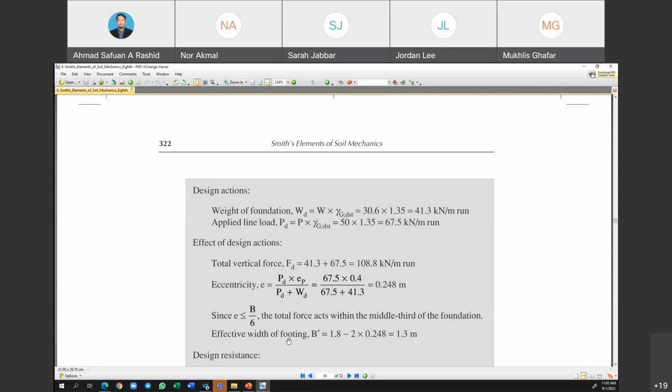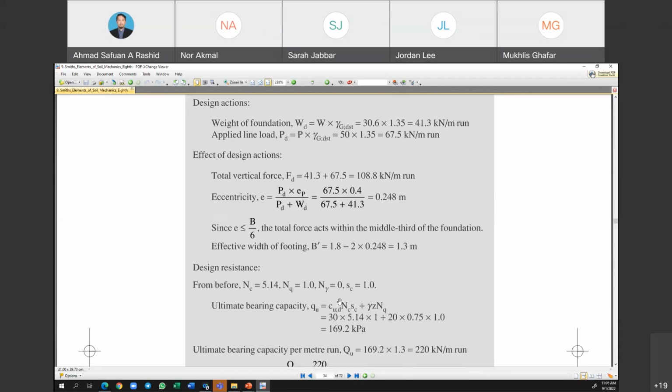So the effective width of the footing is 1.8 minus 2 times 0.248, which is equal to 1.3. Then we may calculate the design resistance.